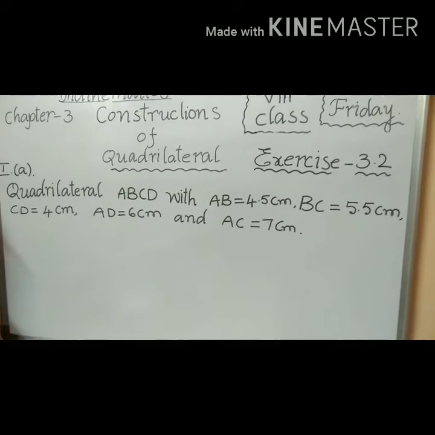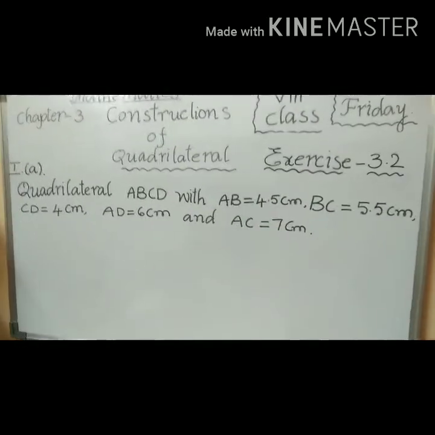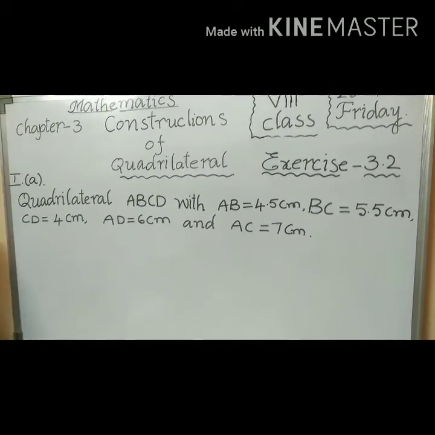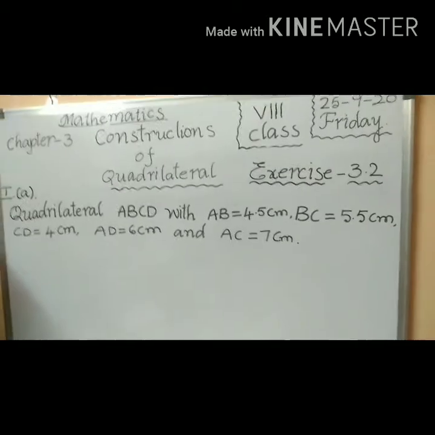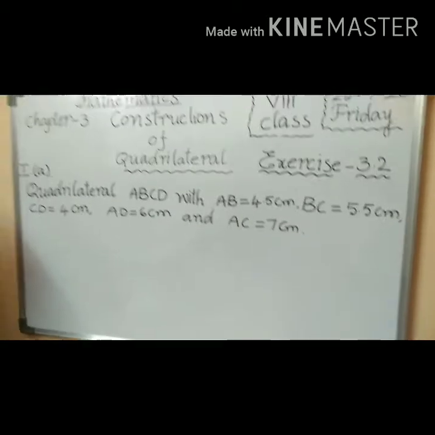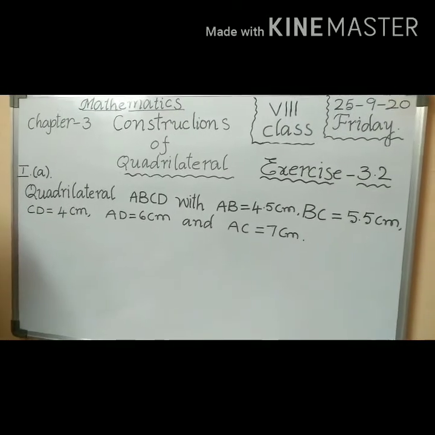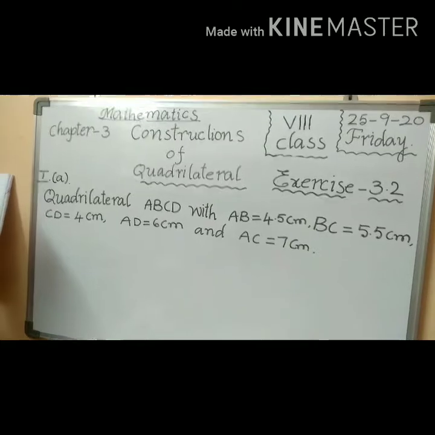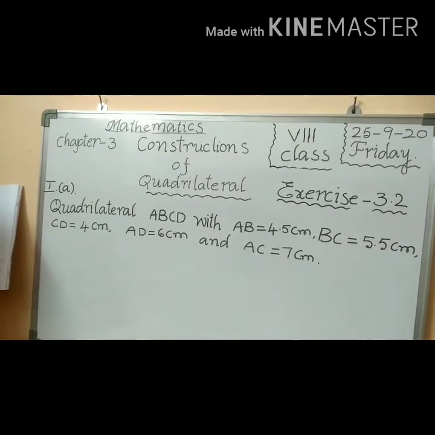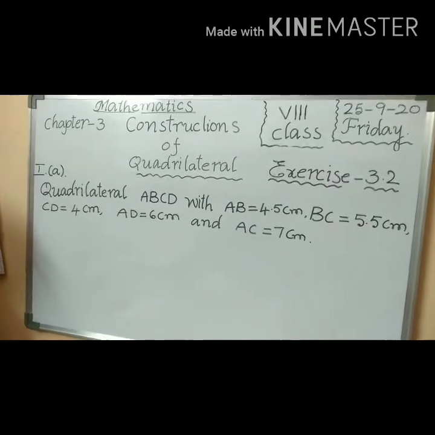These are the given measurements. So first let's see how to construct quadrilateral ABCD. Now with the given measurements, first we have a basic idea.